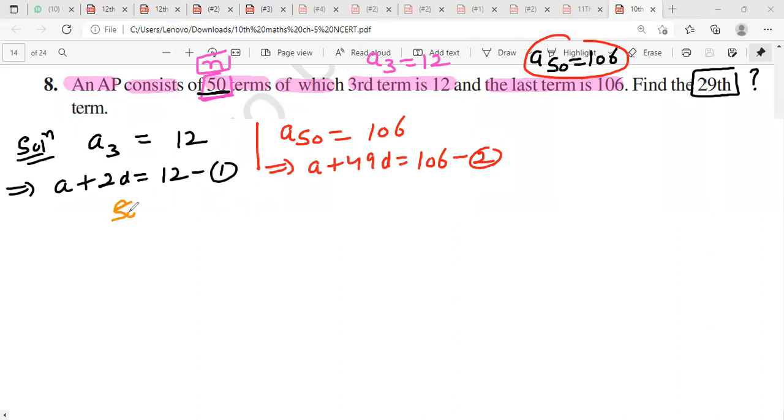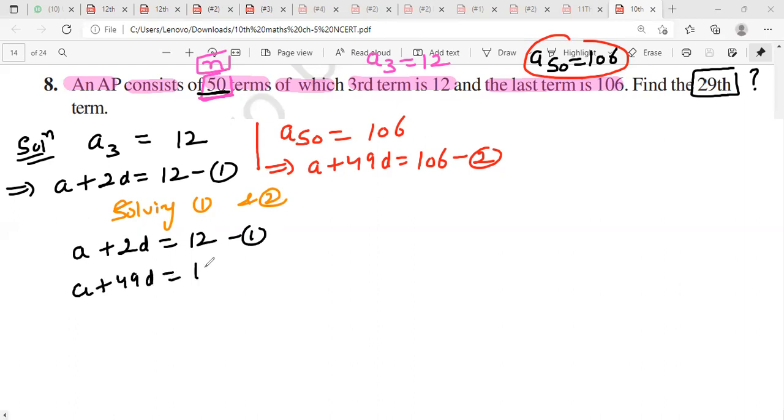Now solving 1 and 2. That is a plus 2d is equal to 12, first equation, and a plus 49d is equal to 106, that is second equation. So by the elimination method, minus, minus, minus, a and a will be cancelled out.